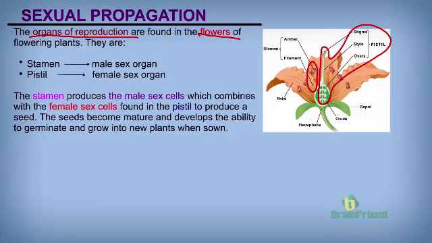The stamen produces male sex cells, which combines with female sex cells produced by the pistil. These combine themselves in series of reactions to form a seed, and the seeds of flowering plants become mature and develop the ability to germinate and grow into new plants when grown by farmers.